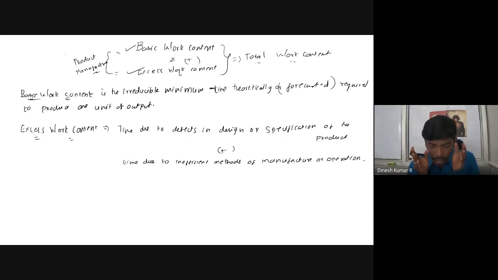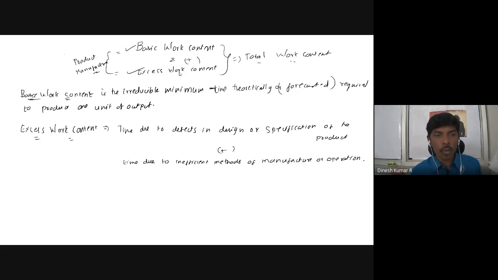Your only contribution is towards the manufacturing sequence, where from the raw material till the finished good, what are the defects or the mismatch that can occur with the product specification or the process sequence, that is going to give you an excess work content. And the time which you cannot reduce at all, the minimum time required that is forecasted to get one product output, one particular product as one unit as an output, is called basic work content, right?